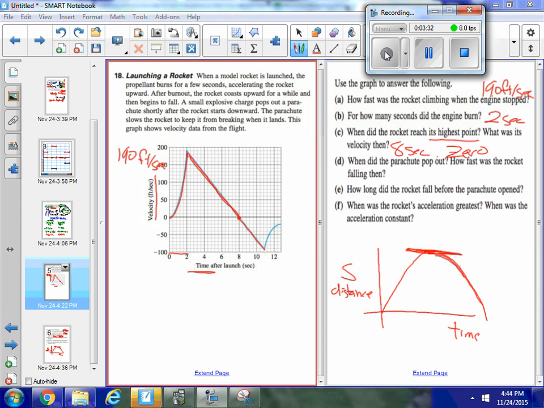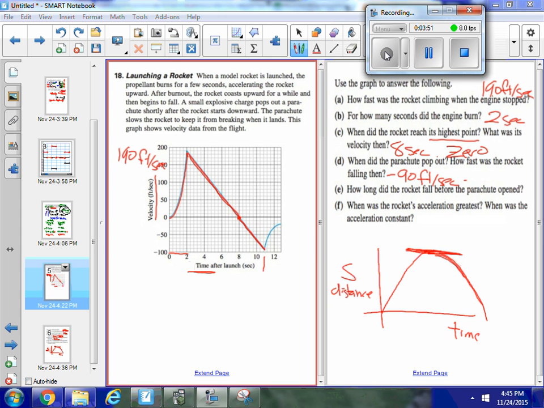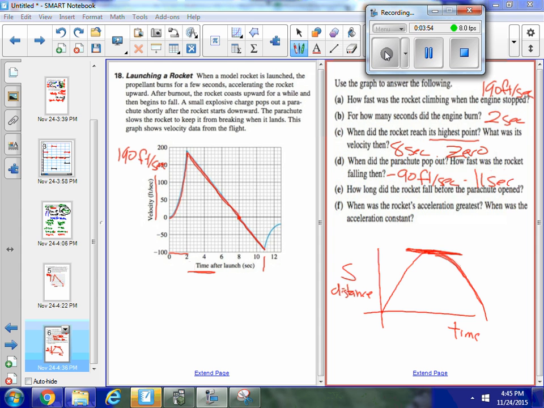So my velocity is negative, and it looks like it reaches a velocity of about negative 90 feet per second. So it's going downward at negative 90 feet per second, and that is just about between 10 and 12, just about 11 seconds. So at 11 seconds, that parachute pops open.